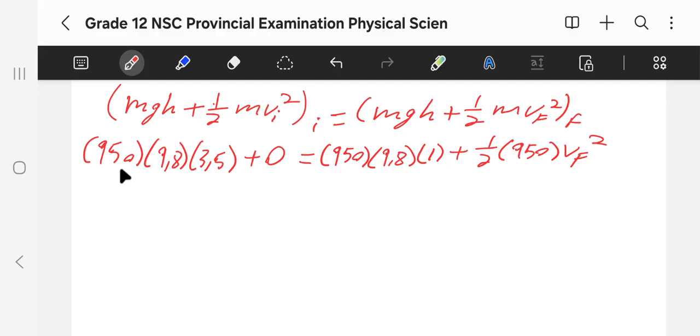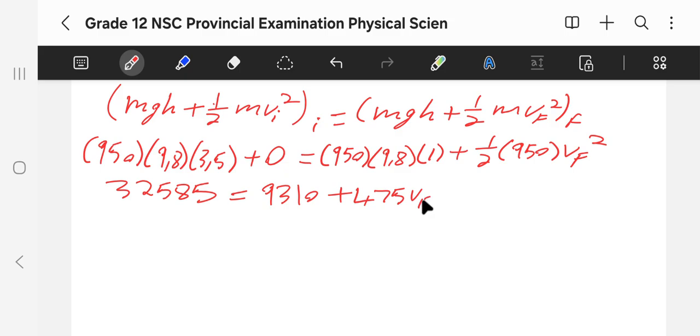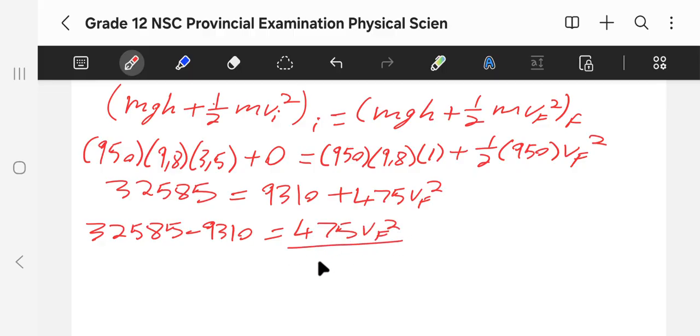Alright guys, so when I multiply these ones, the answer I'm getting is 32585, and this side when I multiply, the answer I get is 9310, plus here I'm going to get 475 vf squared, and then I'll transpose this one to the other side, so I'll have 32585 minus 9310 is equal to 475 vf squared, and then I'll divide by 475 on both sides.